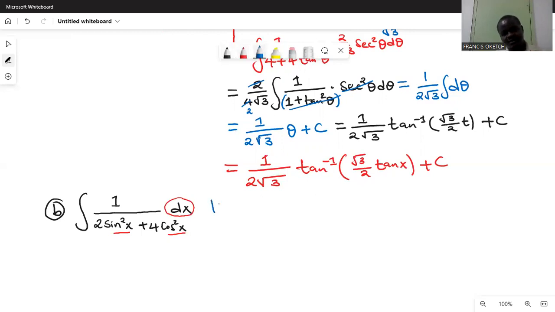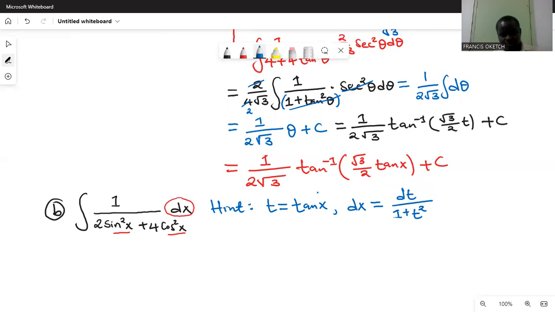The hint to be able to evaluate this is you start by saying let t be equal to tan x, so that dx will give us dt over 1 plus t squared.